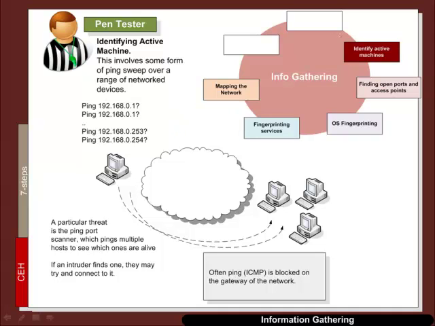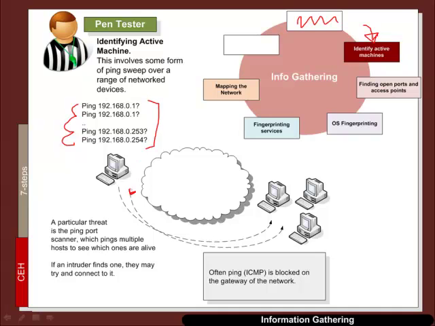So after this, the pen tester might want to then identify the active machines. So now that we've discovered the range of the network, we can now identify the active machines on it. So for this, we often use ICMP, such as with ping, to be able to ping a wide range of computers on a network.